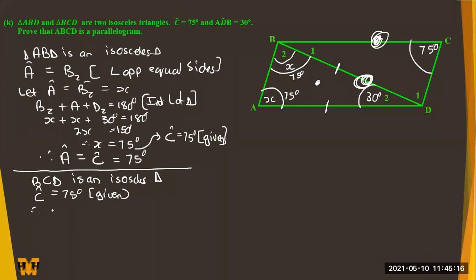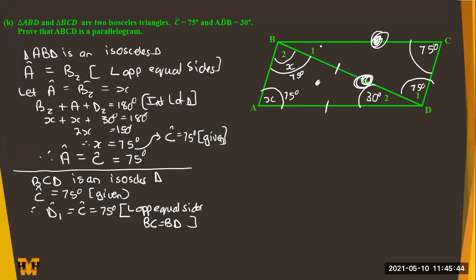So therefore, angle D1 will be equal to angle C is equal to 75 degrees, angles opposite equal sides. Now we'll just include there that BC is equal to BD. And fill it in on your drawing.